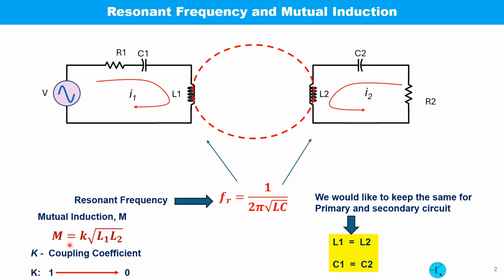K is a measure of how well the flux is linked to the two coils. K equals 1 means 100% flux is linked, which happens in a transformer. K equals 0 means there is no flux linkage at all.